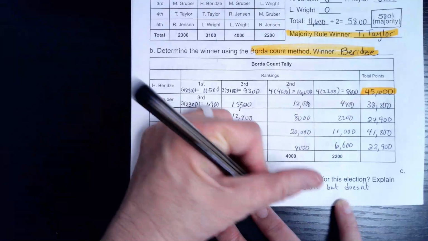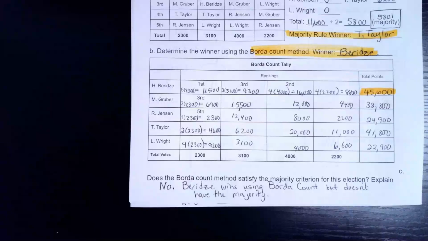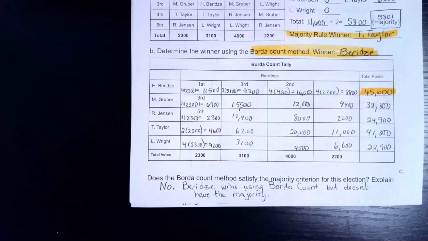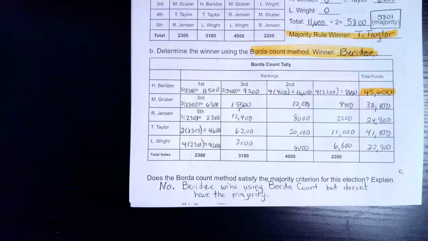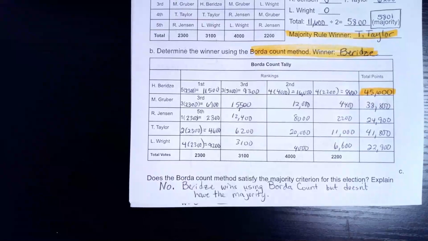This discussion comes up almost every presidential election because they use an electoral college, and there have been times when somebody did not win the majority but won the electoral college. People will argue about it based on what they actually wanted to happen.